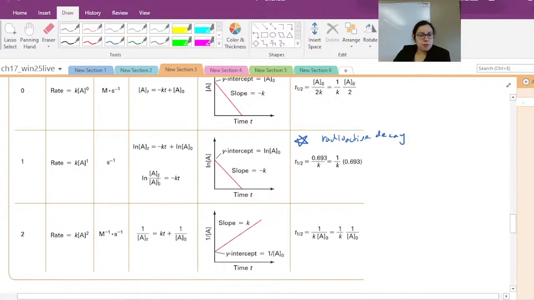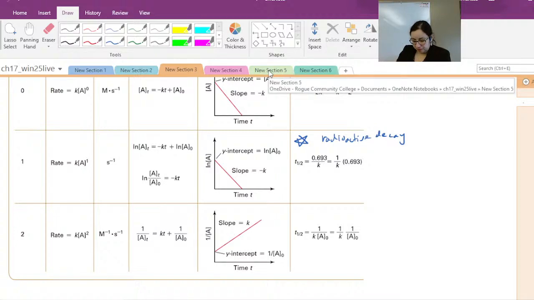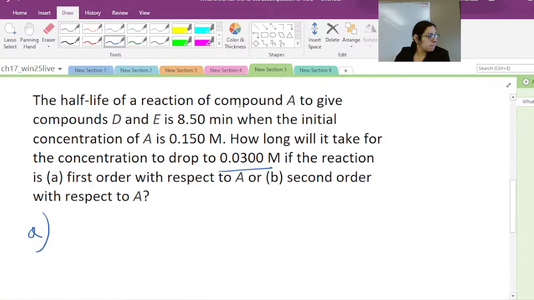So we're looking at our first order equation. We weren't given k, and we need to solve the equation. We were given a half-life, so we can use that equation to find k. I like it, so that's good.